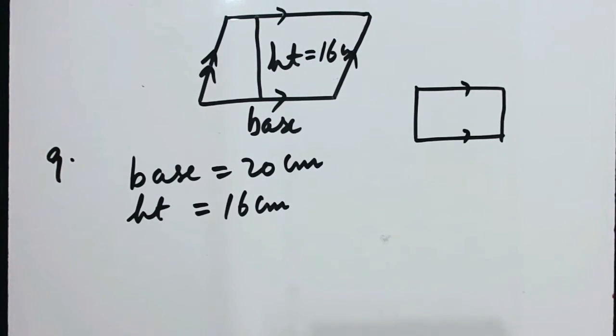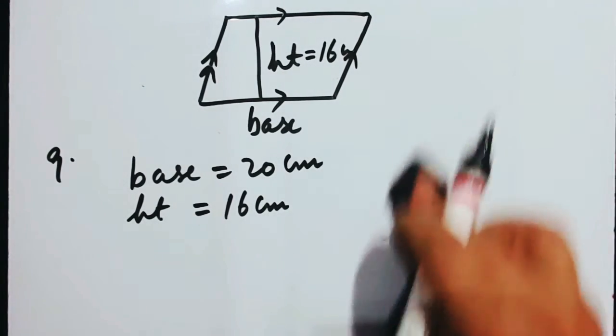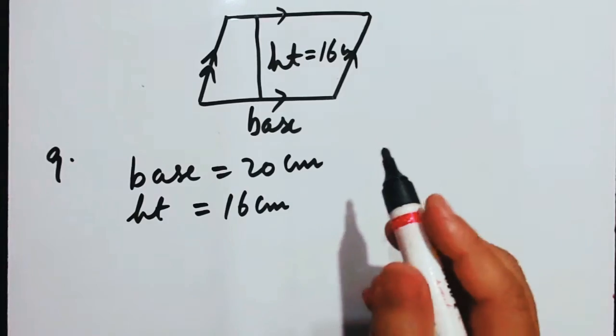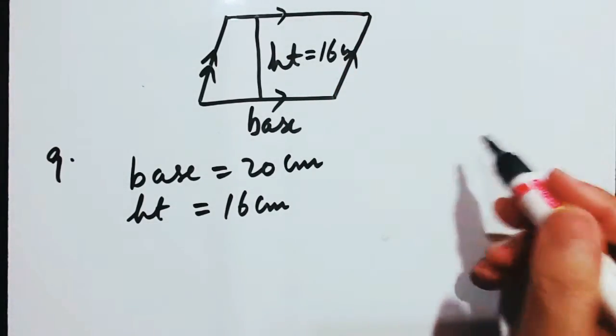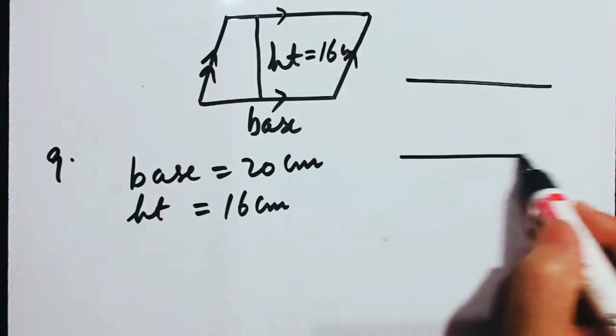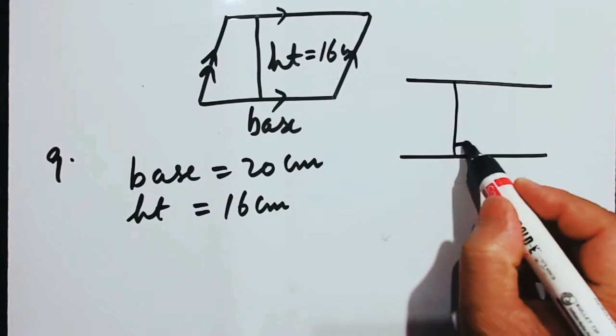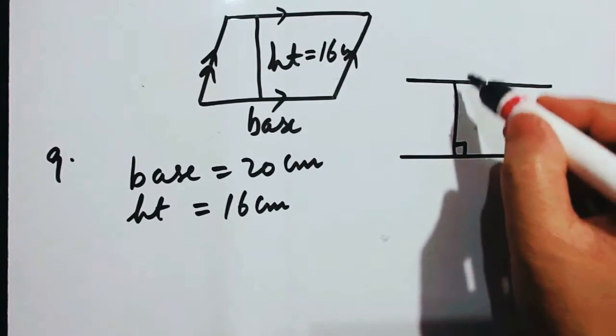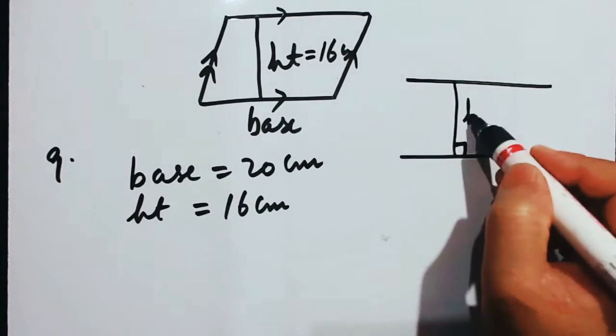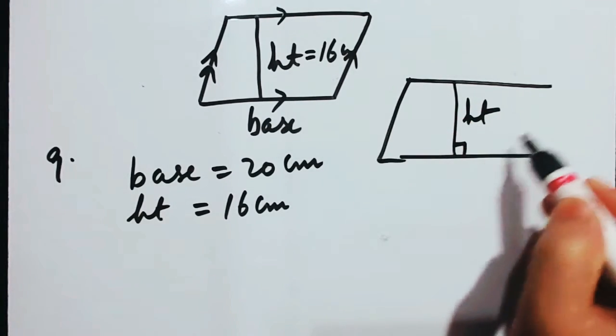The distance between the parallel sides means they are talking about the perpendicular line. This perpendicular line is actually the height of the parallelogram.